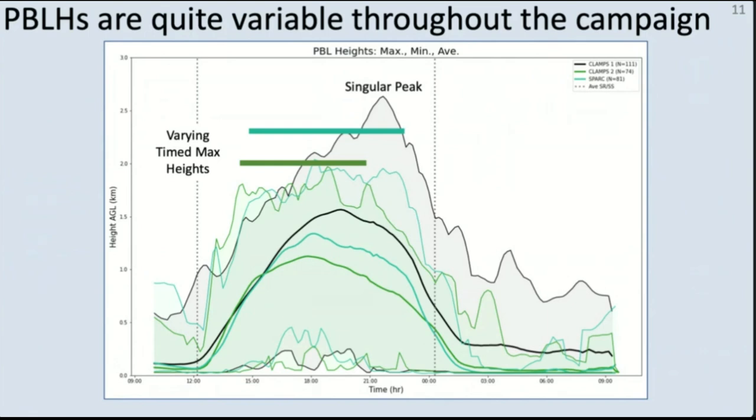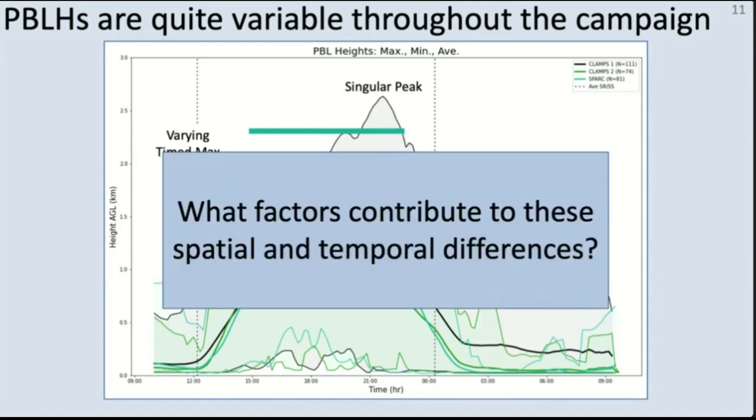This difference in peak timing is likely being influenced by the sea breeze, which often influences Clamps 2 and Sparks, but doesn't always reach the Clamps 1 location, or reaches it so late in the afternoon that we've already entered into that evening transition near sunset time. So naturally, this leads to our next question of what factors are actually contributing to these spatial and temporal differences that we're seeing.